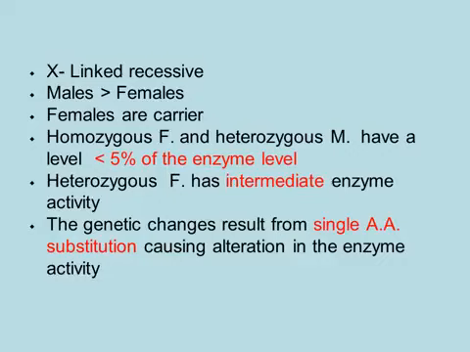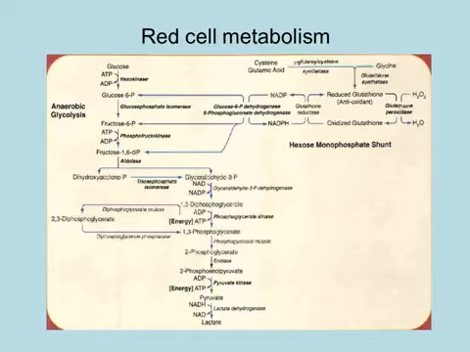Homozygous females and hemizygous males have less than 5% of the enzyme level, while heterozygous females have intermediate enzyme activity. The genetic changes result from single amino acid substitution, causing alteration in the enzyme activity.